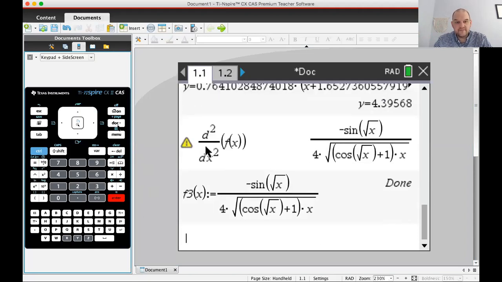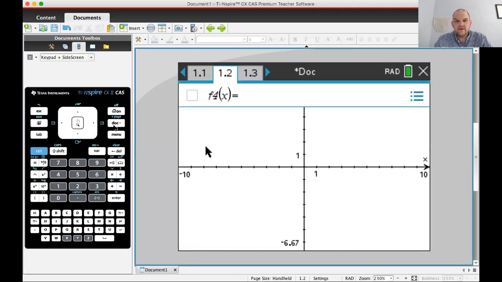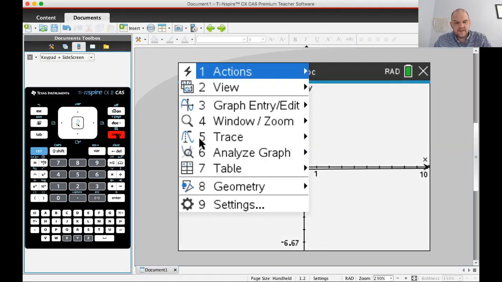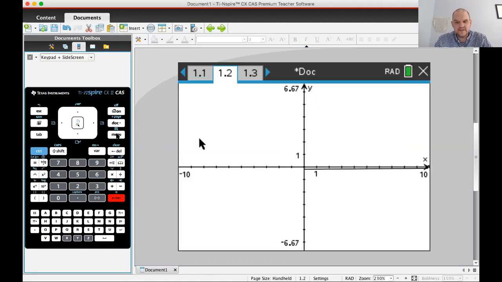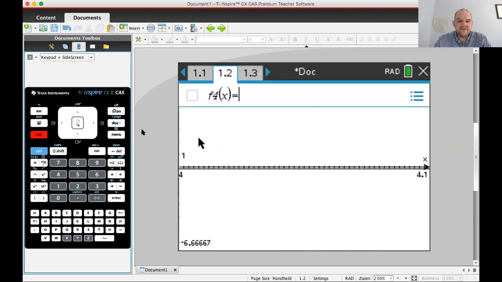Now I'm going to graph that. On a new graphing page, graph this. Change the window just to make sure. I'm pretty sure that it's negative, but 4 to 4.1. So it's definitely negative between, it being the second derivative.